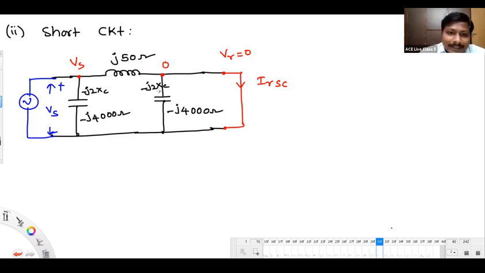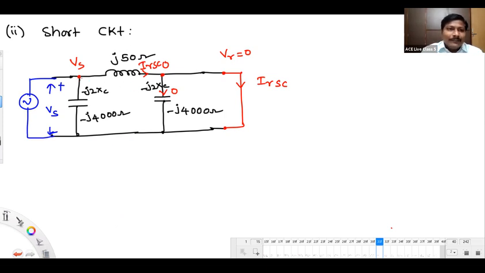And what is the capacitor current? 0. Capacitor current will be 0. Then what is the current flowing in the J50? IRSC. Current flow in the J50 will be IRSC. Yes or no? So just look at this element itself.